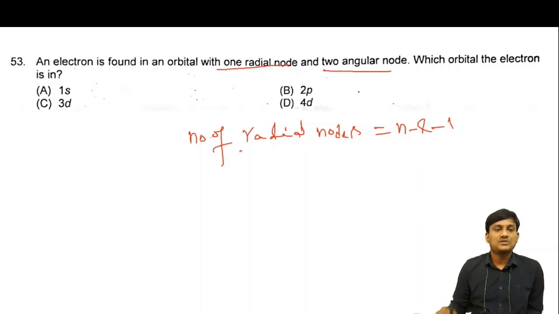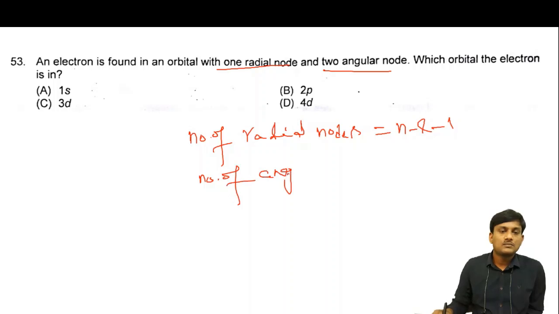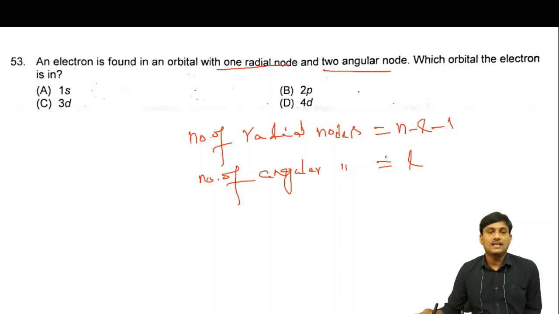This is the relation. And the number of angular nodes is equal to the azimuthal quantum number, that is L.